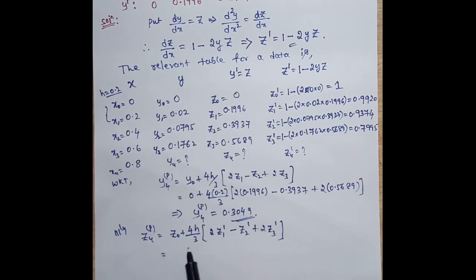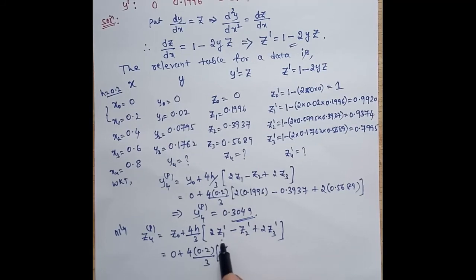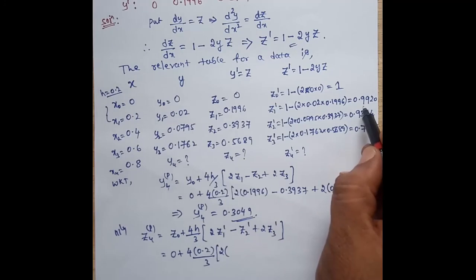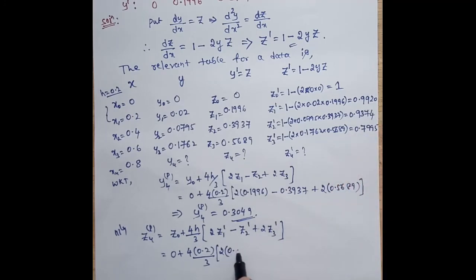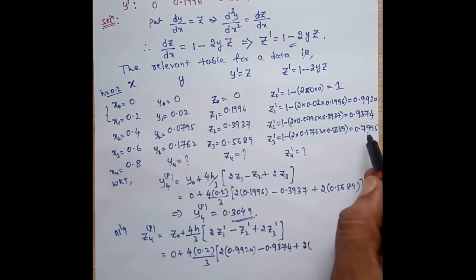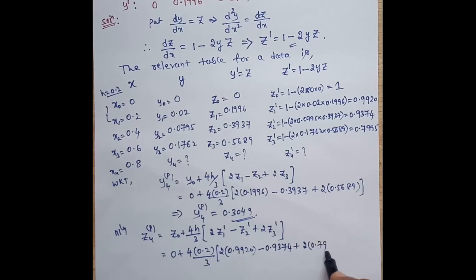What is z0? 0 plus 4 into h is 0.2 divided by 3 into 2 times z1 dash. What is z1 dash? It is 0.9920 minus z2 dash. What is z2 dash? It is 0.9374 plus 2 into z3 dash. And what is z3 dash? It is 0.7995. Right? So the values are substituted.